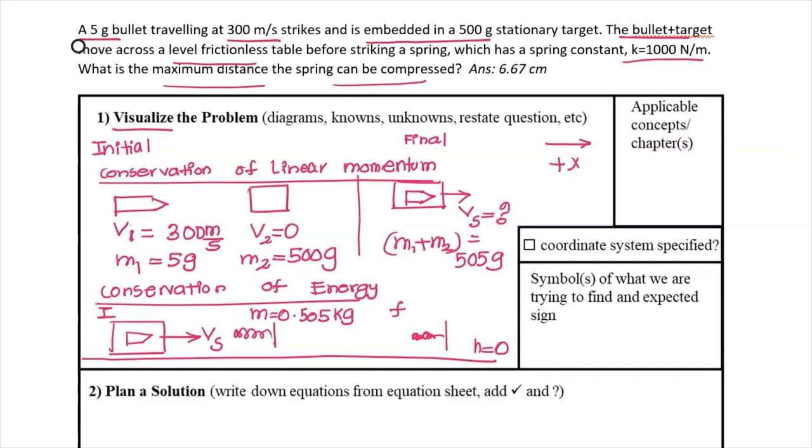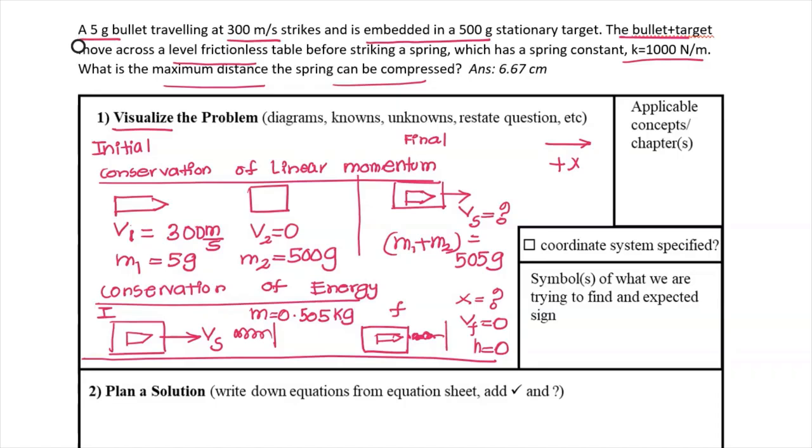Then the system is going to move on a frictionless surface and compress the spring to a maximum amount, which means the speed of the system at the final stage would be 0, and we have to calculate the compression. X is the compression, by how much the spring compresses.